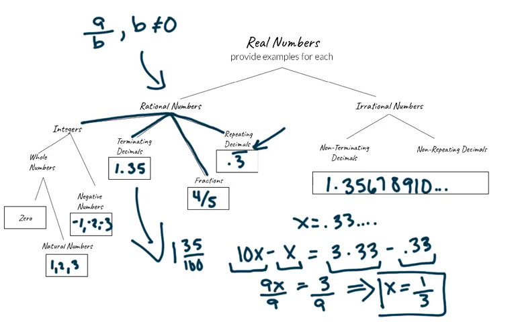Another number that is irrational that we all know so well is pi. Oftentimes, we look at pi as this rounded number that represents 3.14, but that's actually just the rounded number. Pi actually continues on into infinity, so it is also an irrational number.